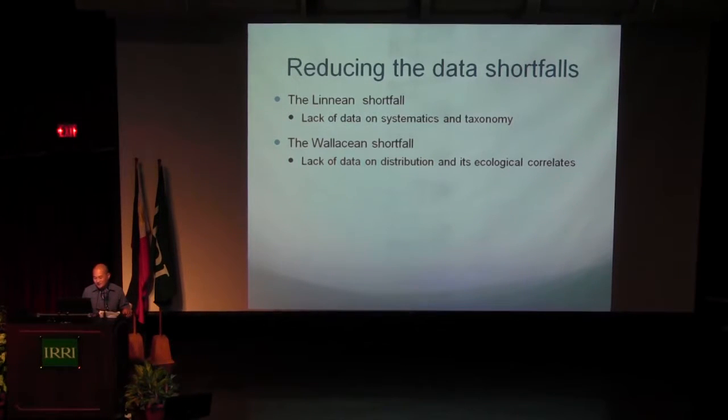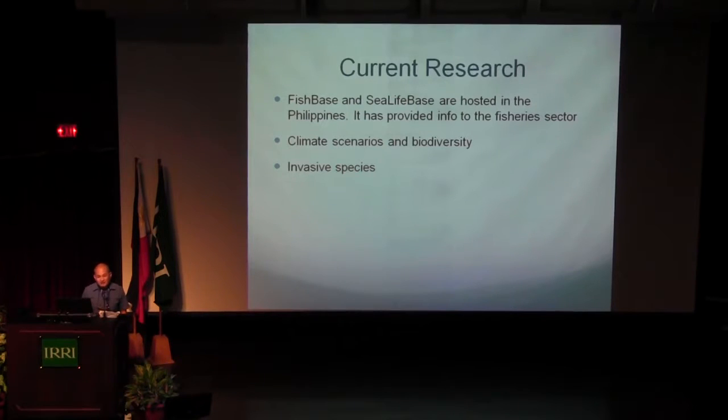So if we're going to understand the whole aspect of biodiversity, we should have enough data on systematics and taxonomy, and also on distribution and ecological correlates. The online databases now have gone a long way in addressing those two shortfalls. But of course, it will always depend on the amount of data that's provided.